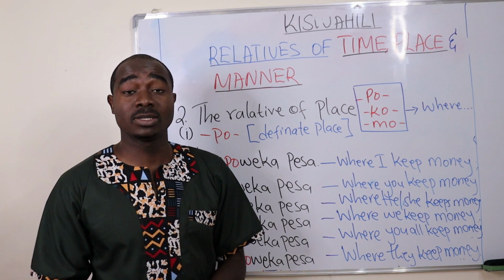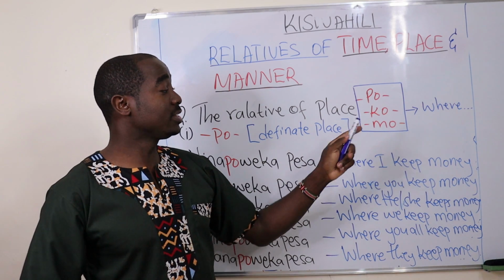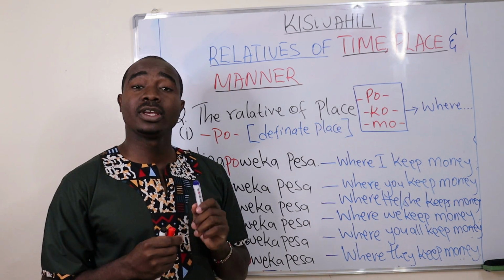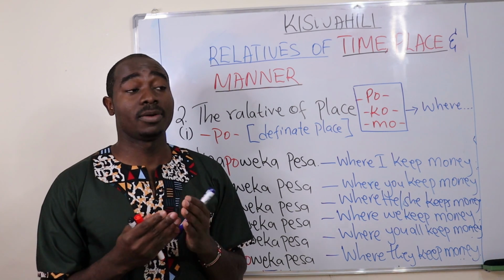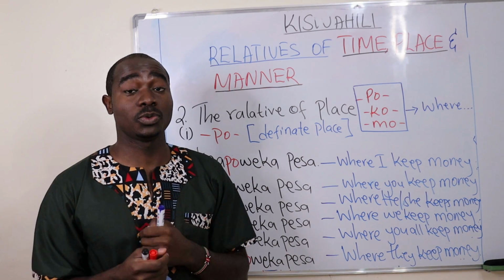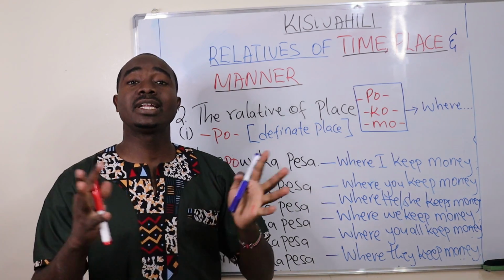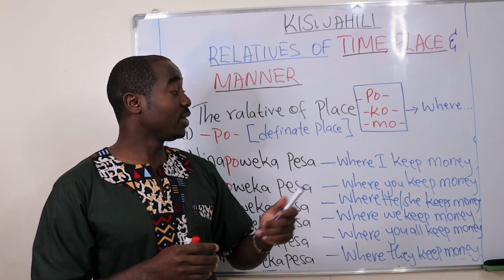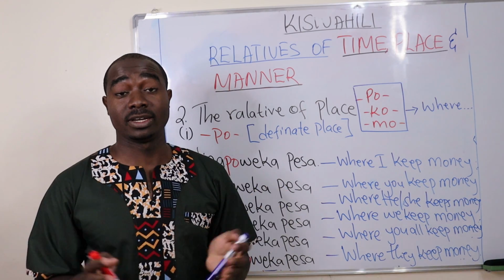All of them indicate places, but there is a slight difference in which place they indicate. For instance, this marker po indicates a place that is definite, clearly specific to you. Then this ko, indefinite place, general place. Then mo here indicates a place that is inside.